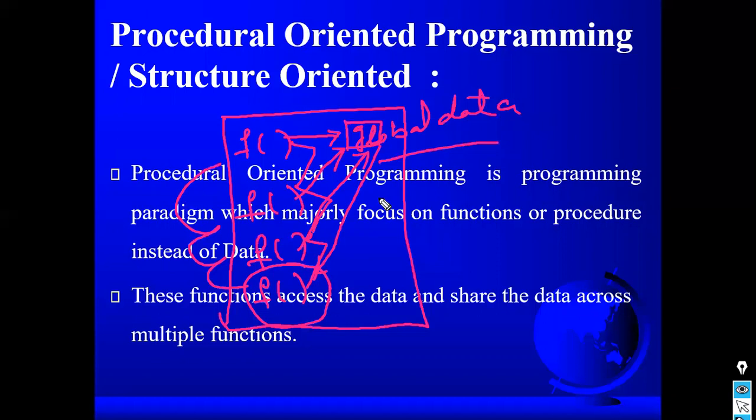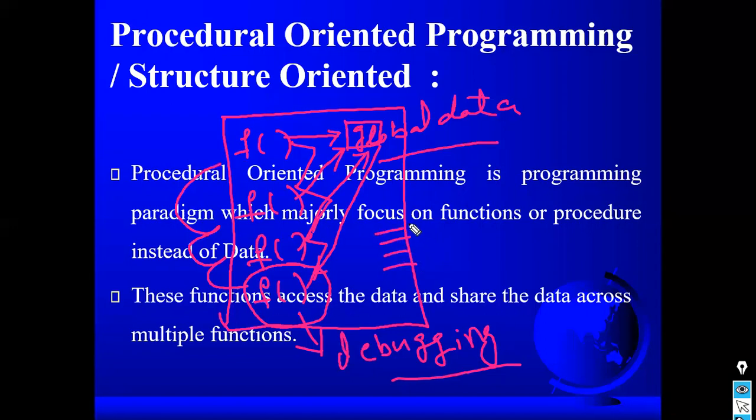The other drawback is that, as all the functions are interrelated, making changes in one function may also affect the others. So debugging is also a difficult task. When a problem is decomposed into several functions, sometimes the same set of statements has to be written in multiple functions multiple times.